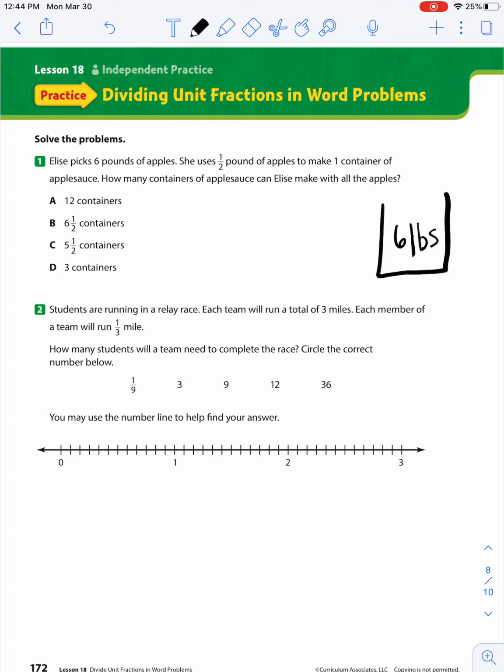She uses half a pound of apples to make 1 container of applesauce. So she's got 6 pounds and she uses half a pound of apples to make 1 container of applesauce. How many containers of applesauce can Elise make with all the apples?